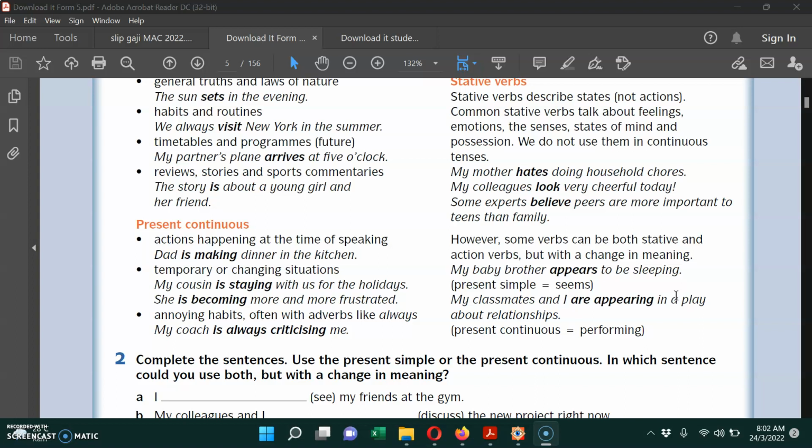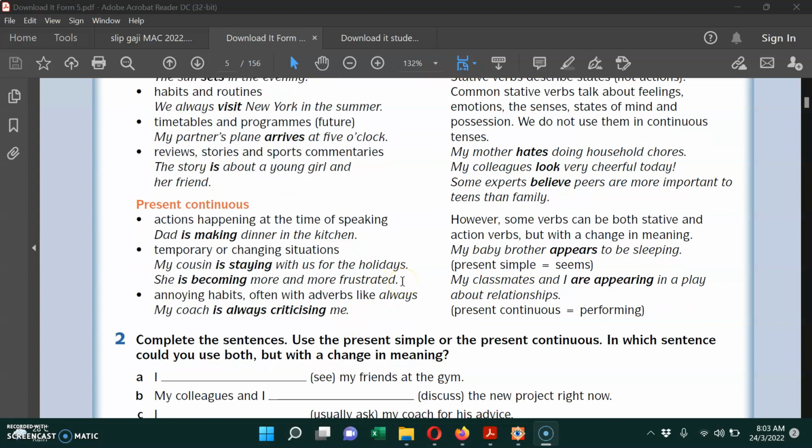Okay, appears here means seem, kelihatan. Adik lelaki saya kelihatan sedang tidur. And another example, my classmates and I are appearing in a play about relationships. Rakan sekelas saya dan saya akan muncul di dalam satu drama berkenaan dengan perhubungan. So, are appearing maksudnya performing, mempersembahkan.